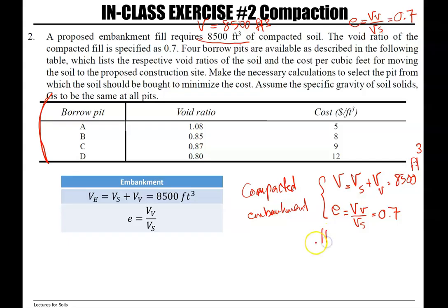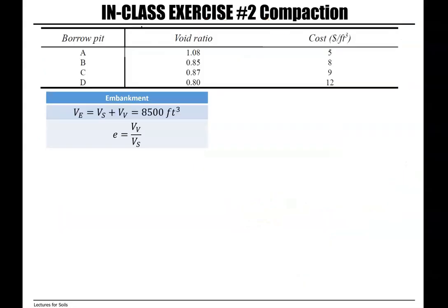From here, we need to calculate what is the volume of solids and what is the volume of void for our embankment. So we have volume of embankment equals volume of solids plus volume of void, and void ratio of embankment equal to volume of void divided by volume of solids.